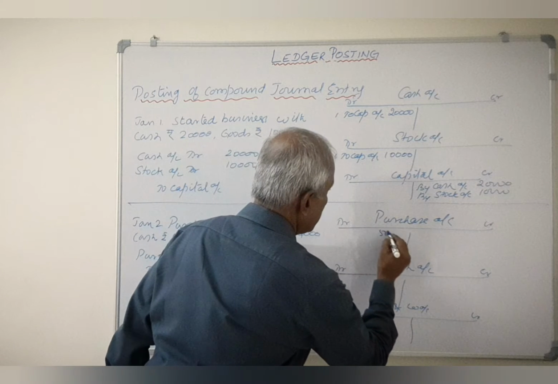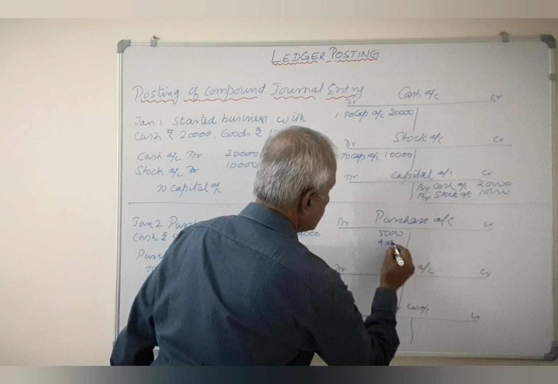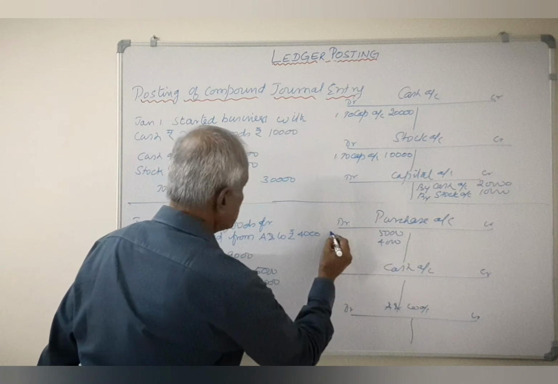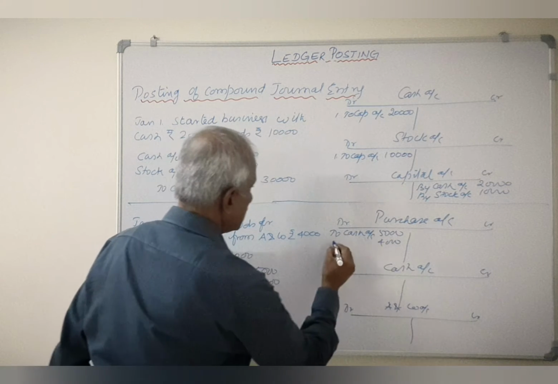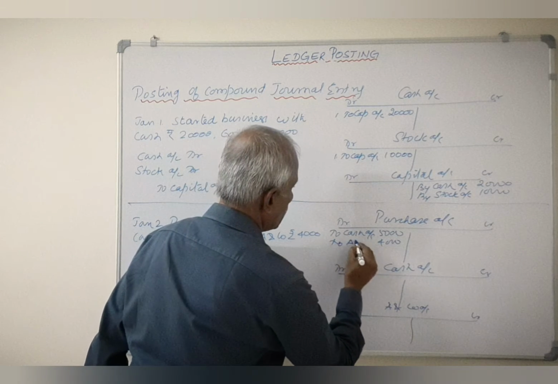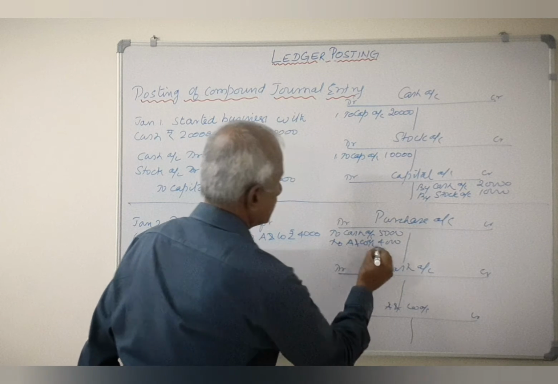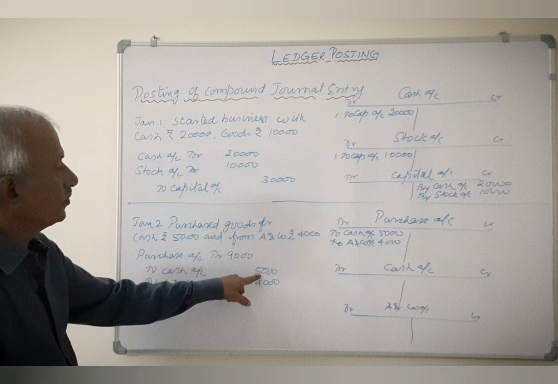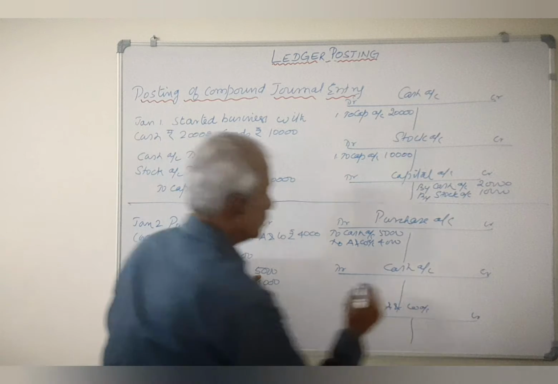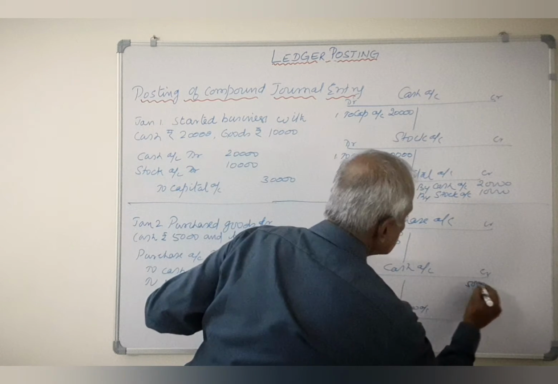So 5,000 and 4,000. Against 5,000 it is to cash account, and against 4,000 it is to AN company account. Then on the credit side of the cash account you have to write only 5,000.